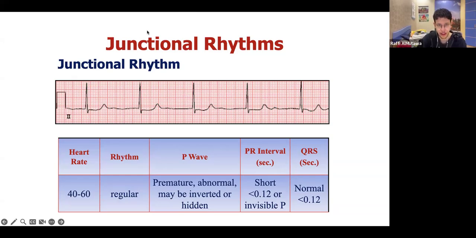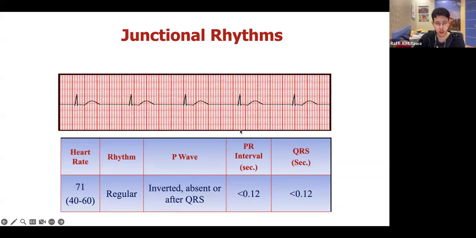It usually comes from the AV node, but sometimes the bundle of His, because they're very close in proximity at the atrioventricular junction. As you can see, there are no P waves. The QRS is normal, the ST is normal, but the P waves just don't exist.